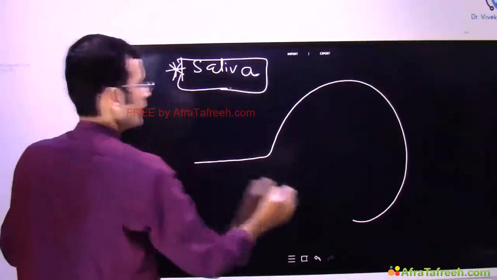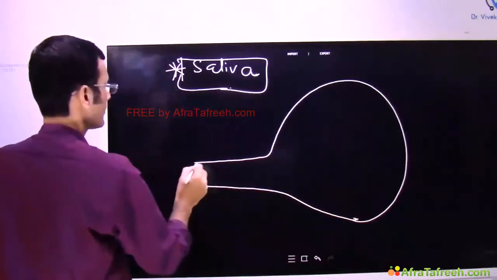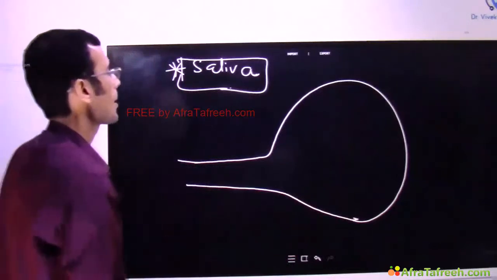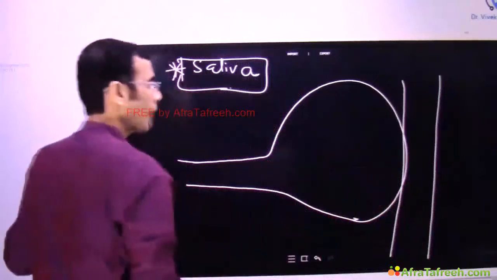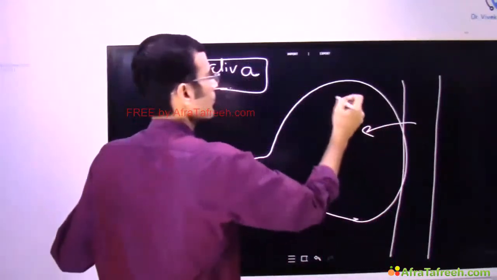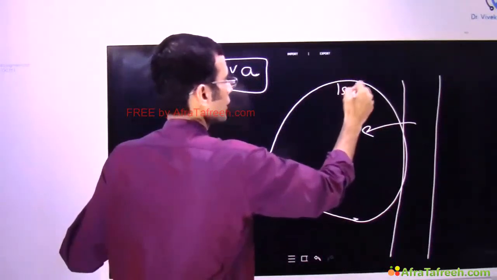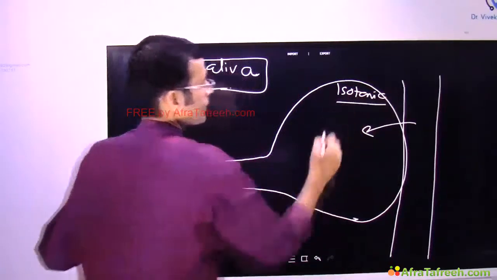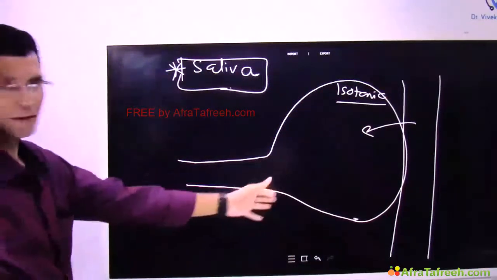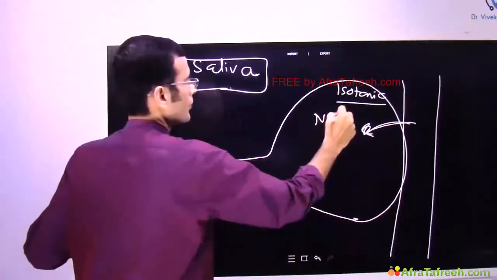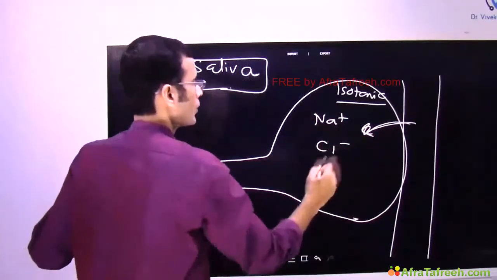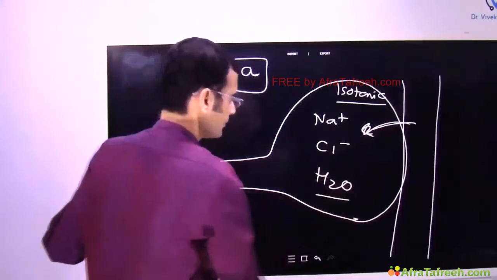Here is a salivary secretion, a salivary acinus end piece. Primary salivary secretion is isotonic. It comes from the blood, and the primary salivary secretion would be rich in sodium, chloride, and water.